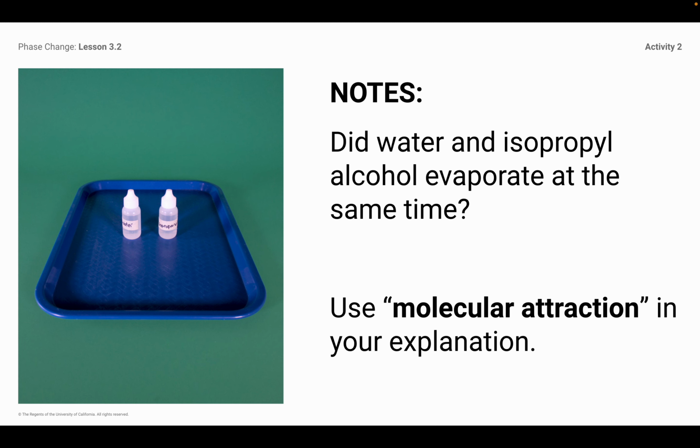If they did, why? If one evaporated faster than the other, why? And again, I want them to use the words molecular attraction in the explanation. Think about that. Molecular attraction means that they don't want to let go of each other. They want to stay in that close state. So, go ahead and pause the video and write that down if you're able to do these experiments at home. And if not, then you can do them in class with me later.